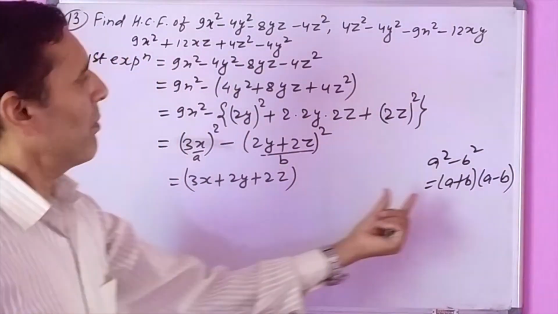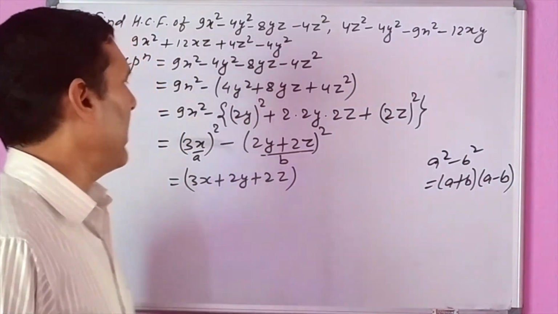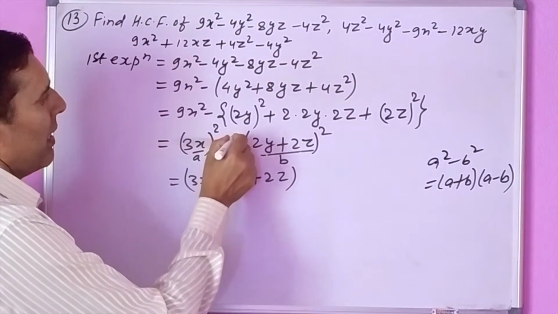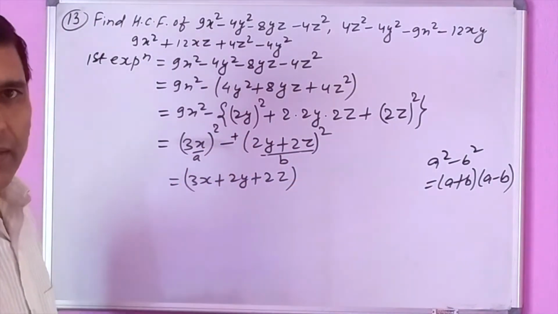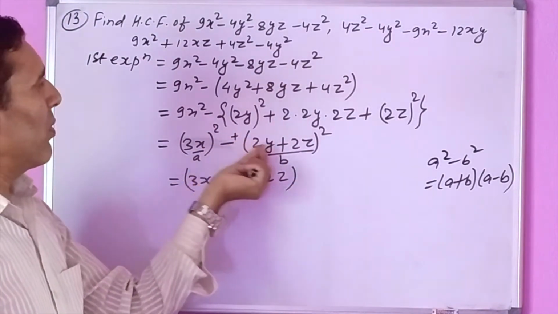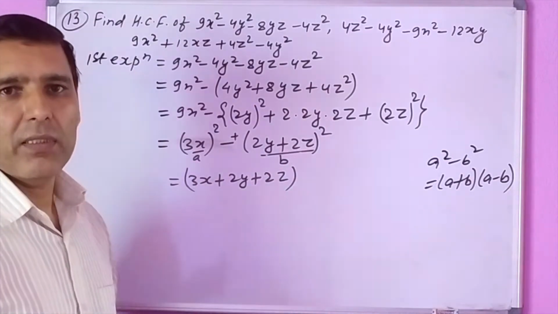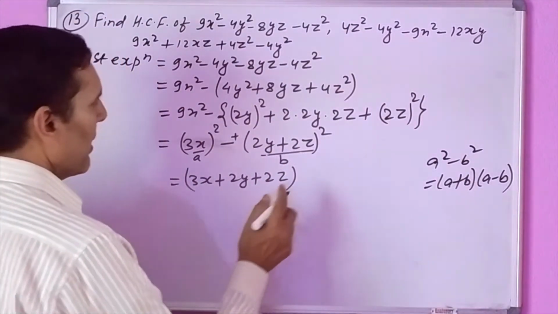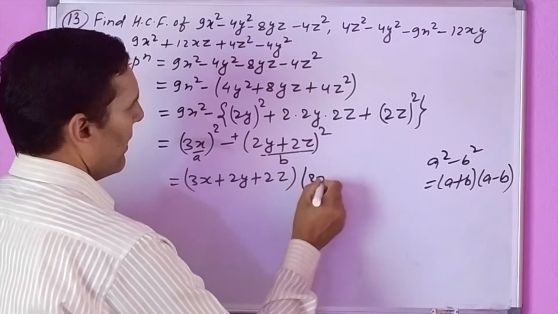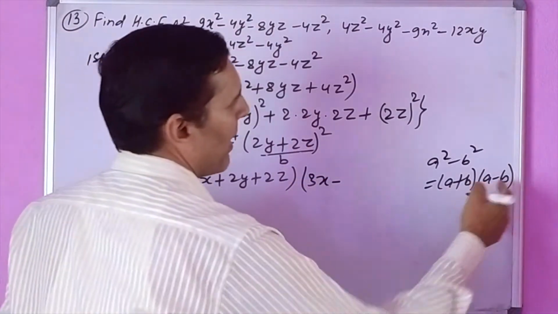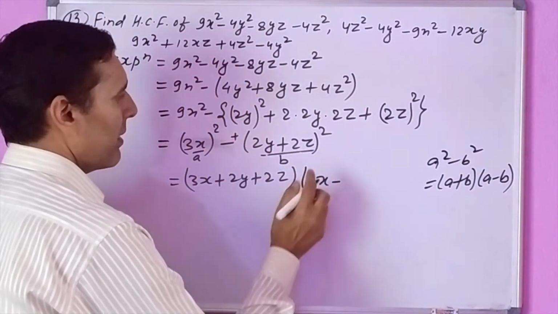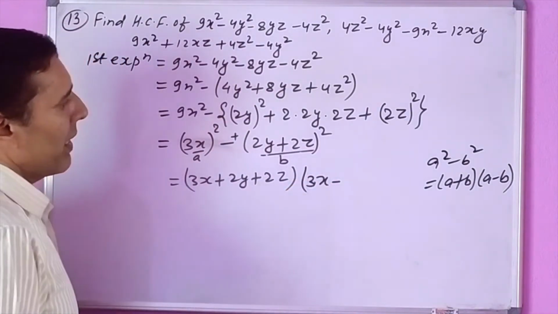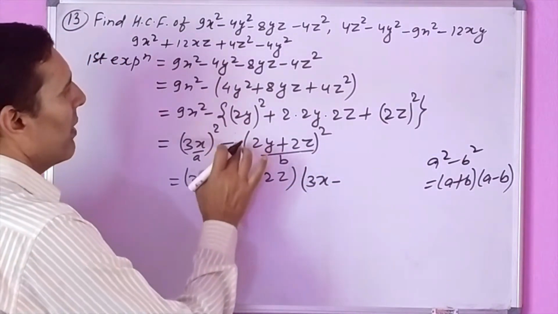While writing this first factor a plus b, we suppose this sign is plus and open the bracket. When you open the bracket with the plus sign, there is no change in the sign. But while writing a minus b, it is 3x minus, because a is 3x only.